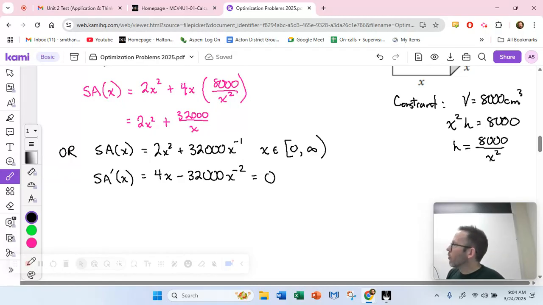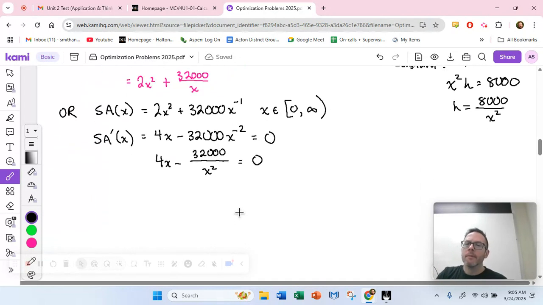We have to solve this equation for x. Just using all the skills we've been developing in our high school math careers, this one's actually not too bad to solve for x. We can just get x by itself pretty directly. I'm going to rewrite that now as 32,000 over x squared. If we just move one term to the right and do some cross multiplication, we can get all the x's together.